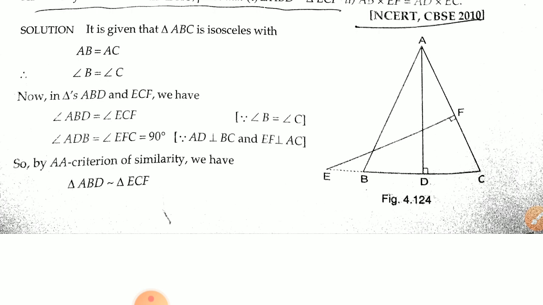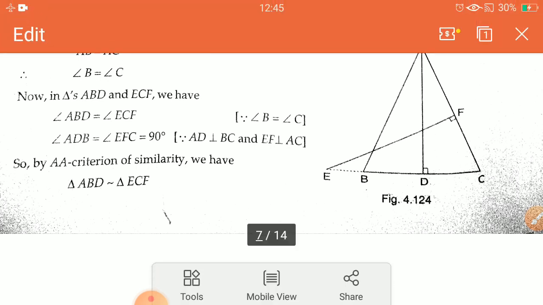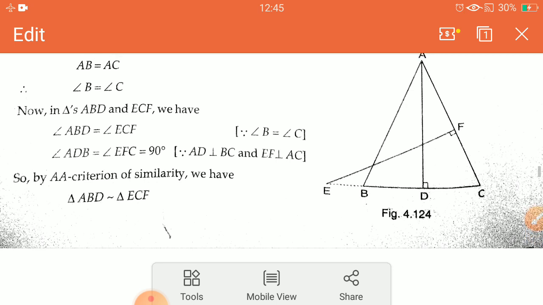It is given that triangle ABC is an isosceles triangle with AB equal to AC, meaning both the sides are equal. If both the sides are equal, then the opposite angles of the equal sides are also equal, and therefore angle B equal to angle C. Now in triangles ABD and ECF, angle ADB equal to angle EFC because both are right angles.